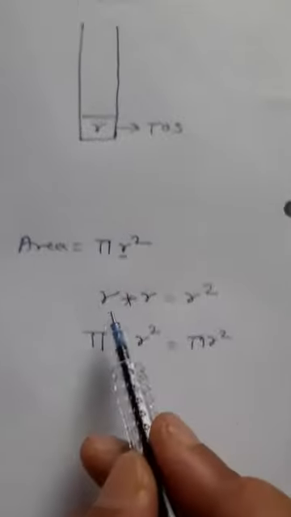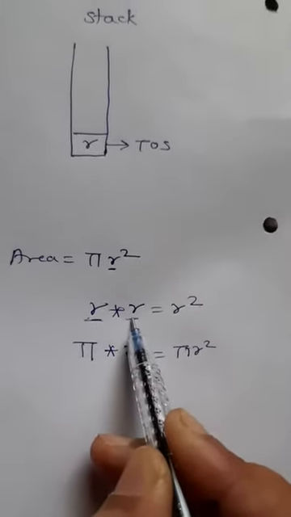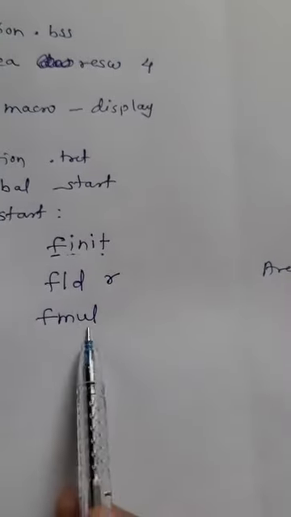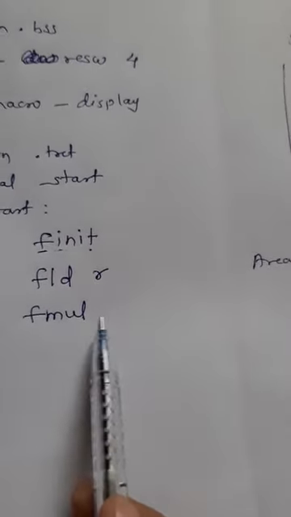Now second, we have loaded r and we want to multiply it with another r. So we can write here the instruction fmul, that is the multiplication. Now if we are not writing any operand, then the top of stack will be multiplied by the next element after the top of stack.